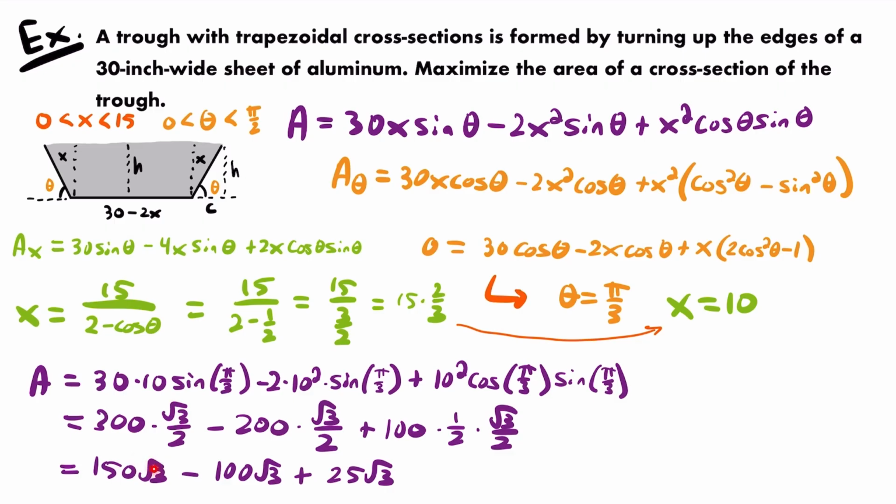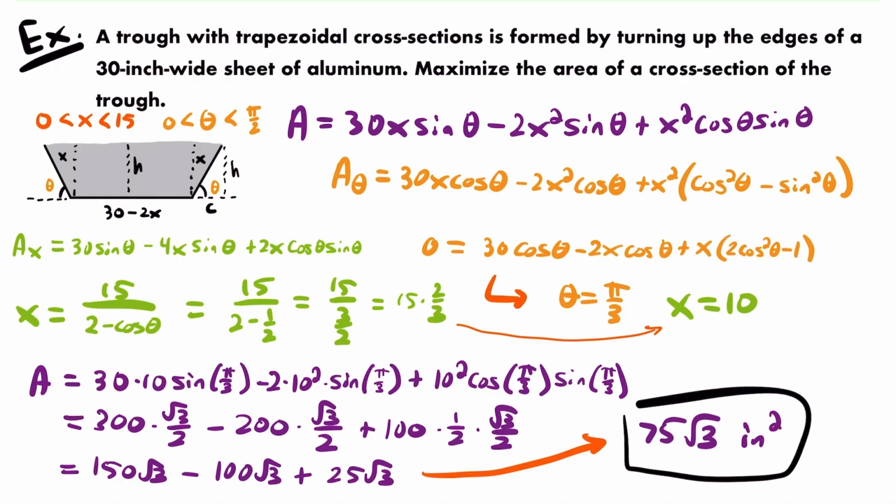So 150 square roots of 3 minus 100 square roots of 3 gives you 50 square roots of 3, but then plus 25 square roots of 3 gives you the final answer of 75 square roots of 3 inches squared, right? This is a value of area, and the sheet was measured in inches, so we know that the area will be inches squared. That is the final answer to this example. That is the maximum area for the cross-section of that trough.